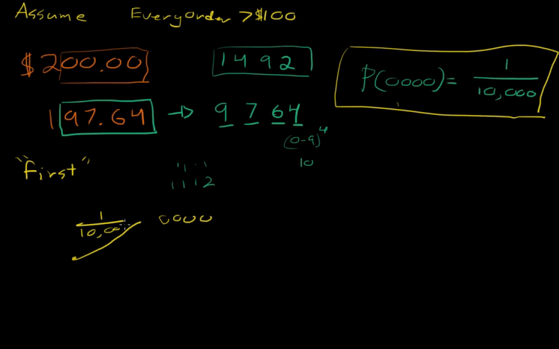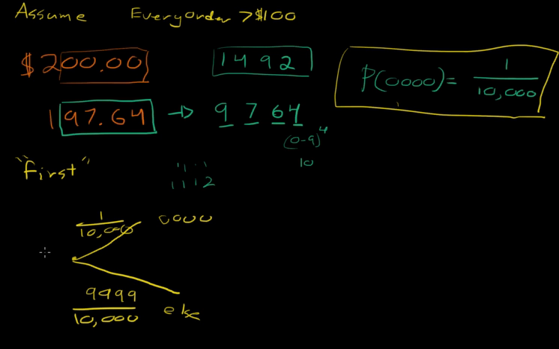Or the other thing that could happen is you could branch in this direction and get something else. Anything else. And the probability of getting that is the remainder, 1 minus this, or every possibility except 0000, which is 9,999 over 10,000.